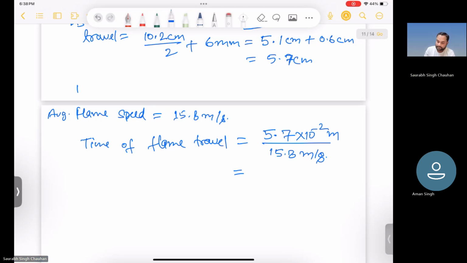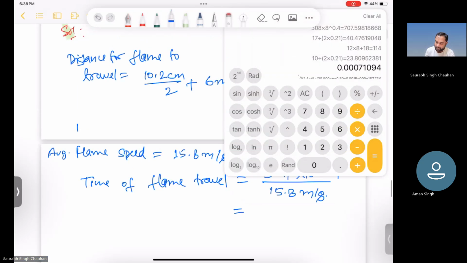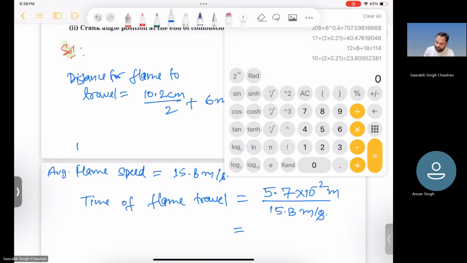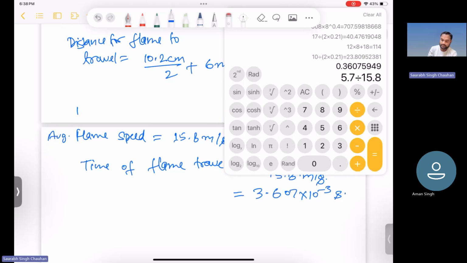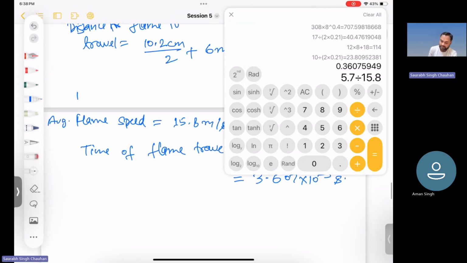Okay. 5.7 divided by 15.8. So 3.607 into 10 to the minus 3 second. Correct? 3.6 millisecond. Okay.